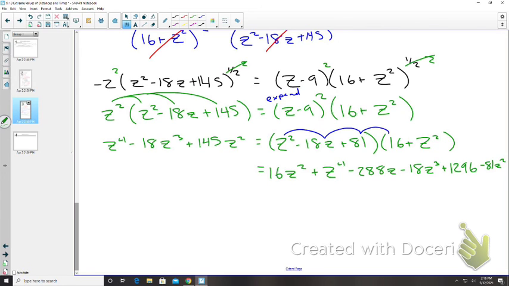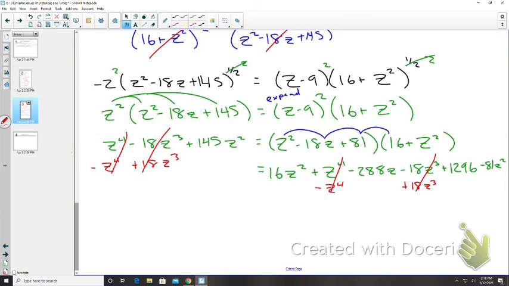Okay, so let's clean this up. Remember, we're just looking for one z here. So I'm going to subtract z to the 4 over here, and subtract z to the 4 here. Those cancel. I will add 18z cubed over here, and add 18z cubed over here. Those cancel.